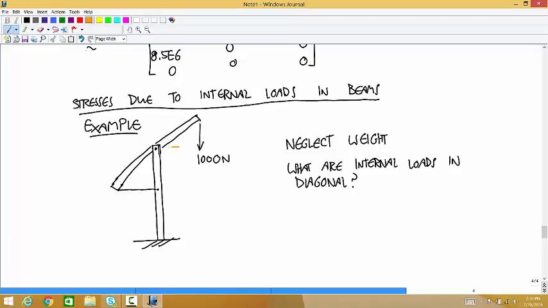Let's say this is 1 meter long. And this is at the midpoint, which I guess means this is half a meter. That means that these are both 45 degrees.